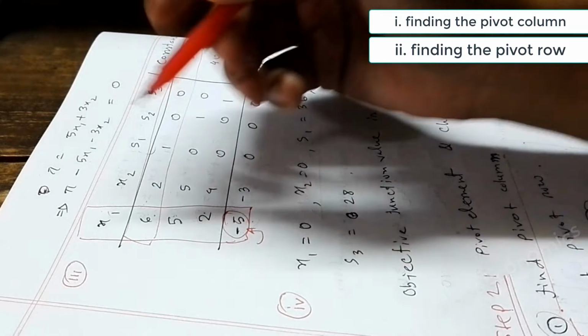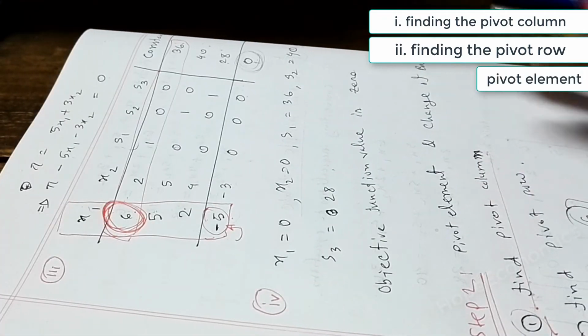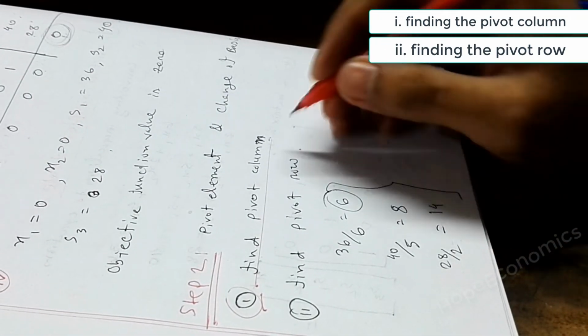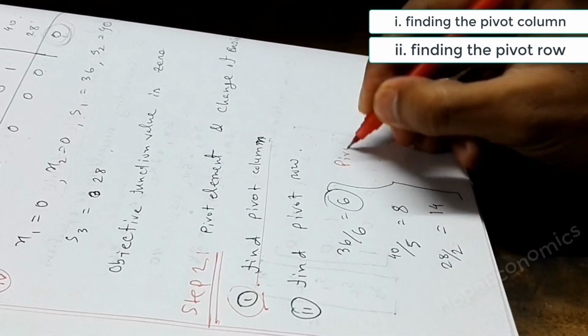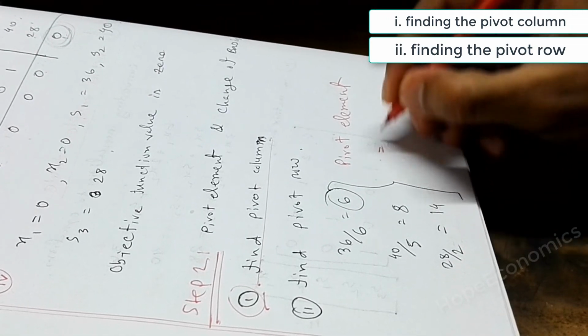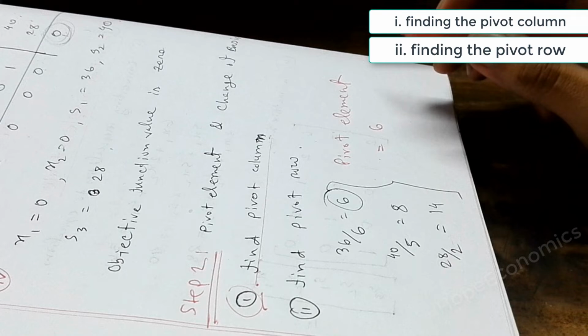The intersection of the pivot row and pivot column is considered the pivot element. So 6 is our pivot element. Pivot element is equal to 6.